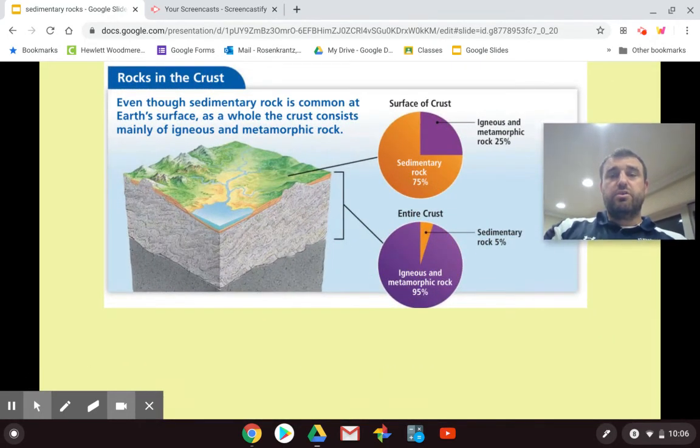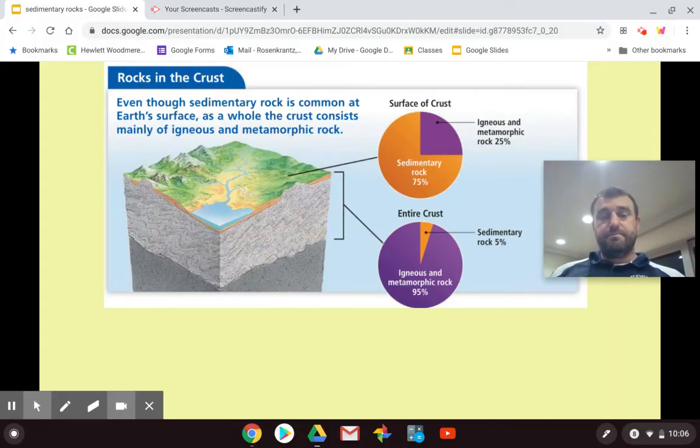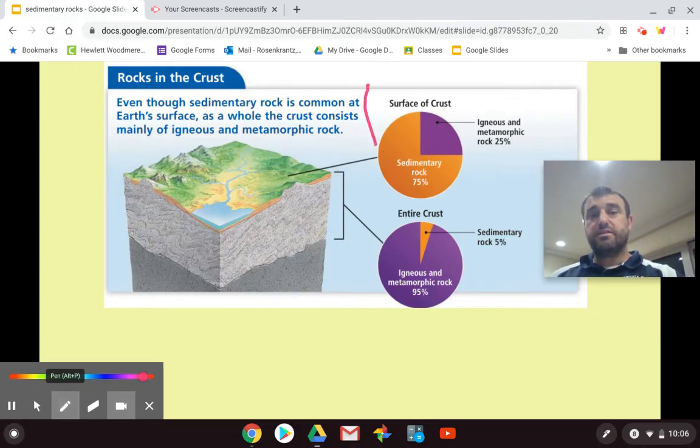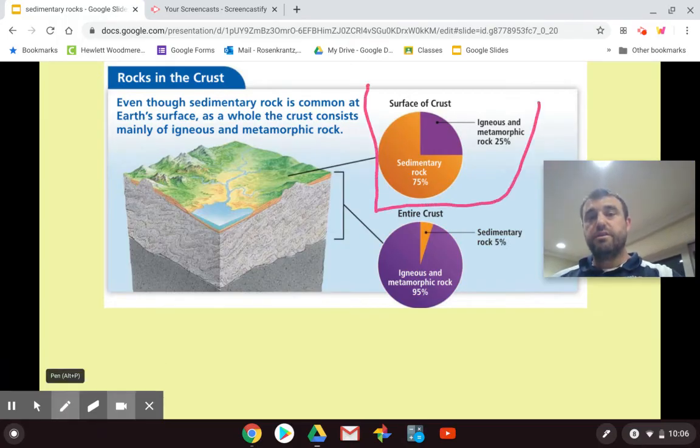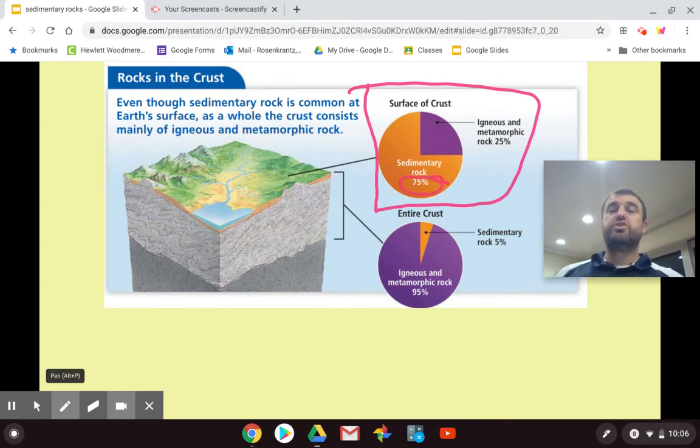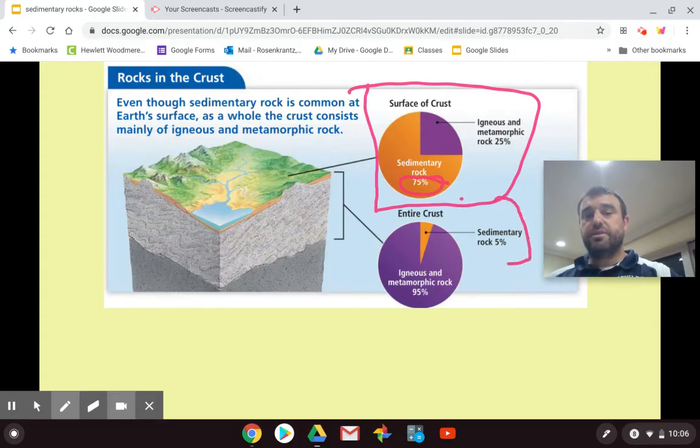So I just want to go over two last points. Sedimentary rocks are the most common rocks on the surface. They actually make up 75% of the surface, which means you're most likely going to walk on sedimentary rocks. However, if you start to dig down into the earth, they disappear.